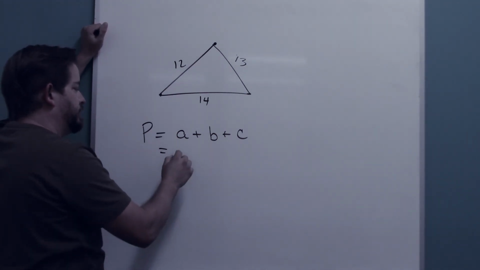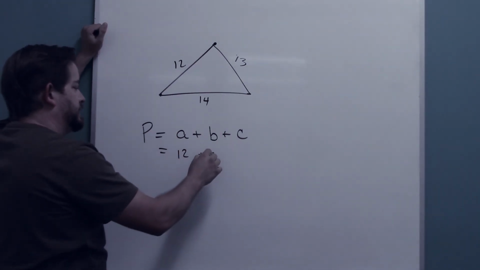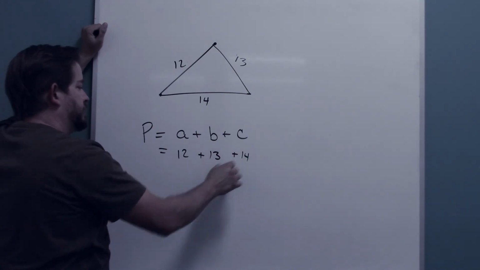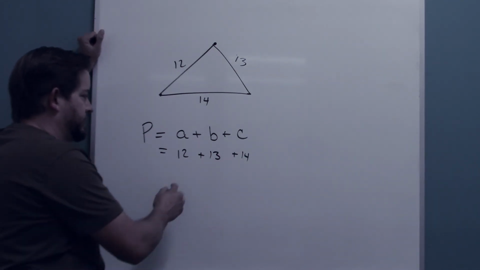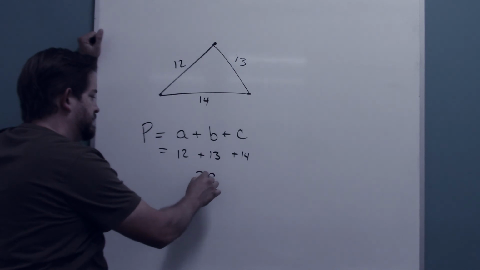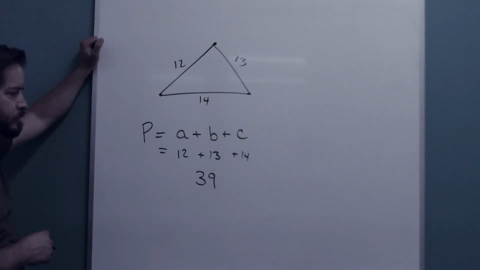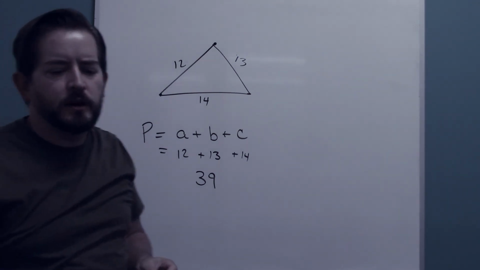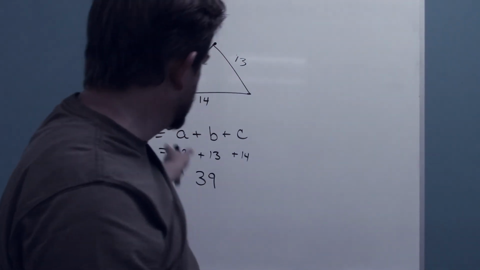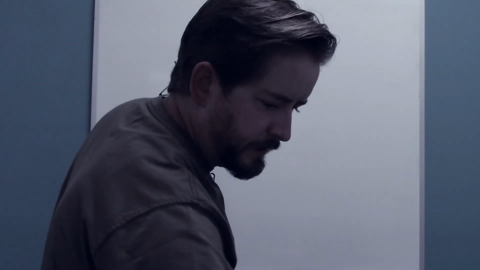A is 12, B is 13, C is 14, right? So I get 39 out of this. So the perimeter one, not too hard, especially when it's a triangle is just the sum of all of the sides, right?